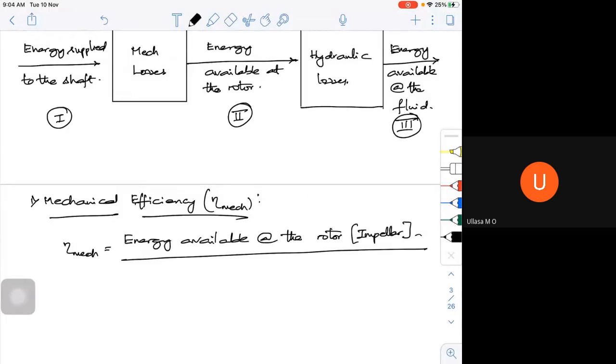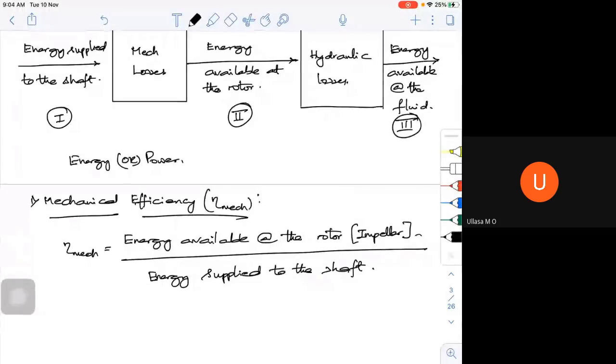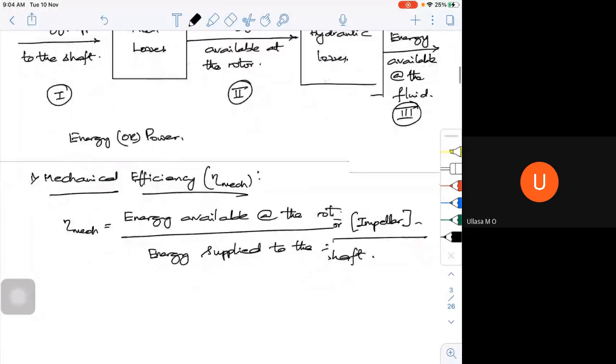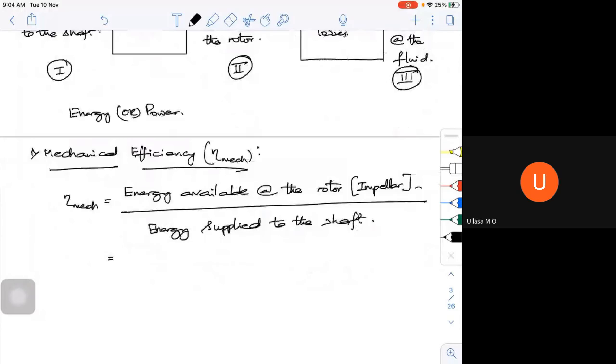A few books use power instead of energy, so that's also fine. So if I put it over, it is 2 divided by 1.